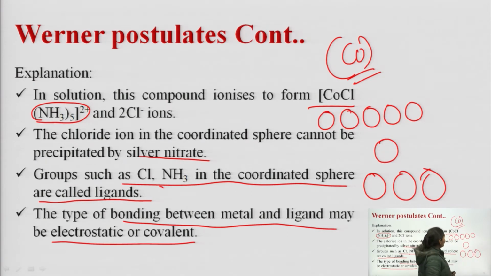The cobalt has 6 electrons. The 5 are filled into this, and one is completely filled and 4 are half filled.